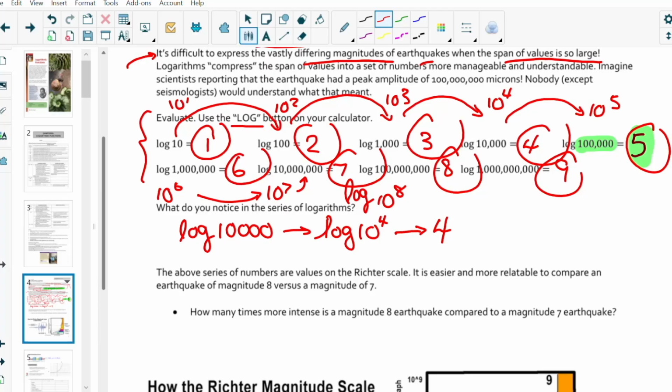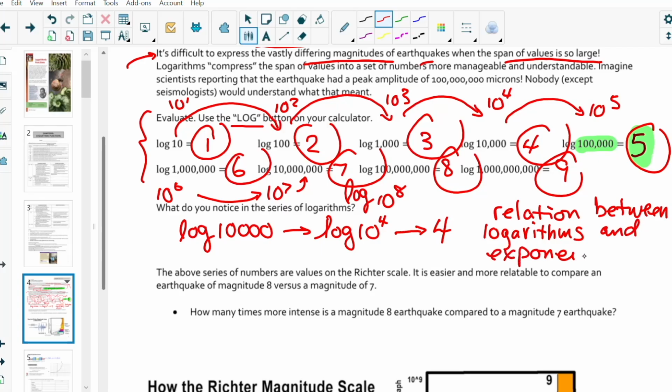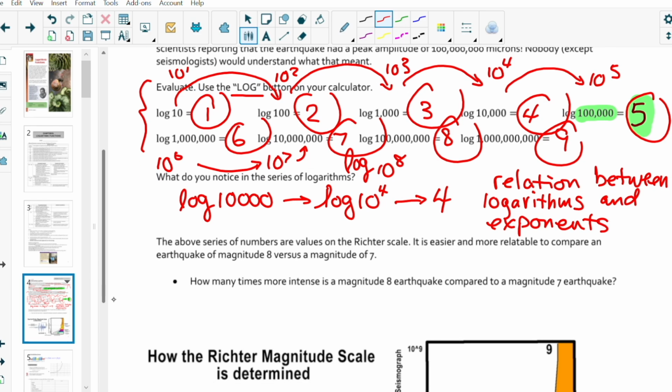That's what you should notice: there's a relation between logarithms and exponents. That's all I want you to get out of this little exercise. There's a special relation between them, okay? We'll find out soon enough.